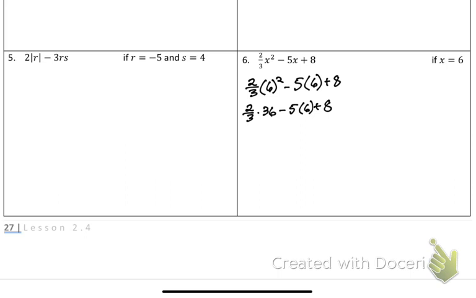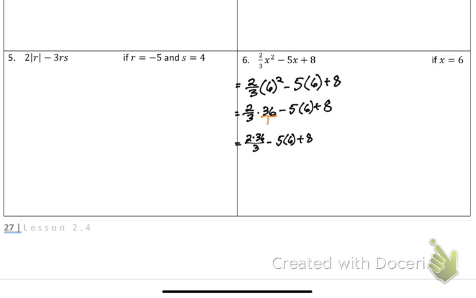I have 2/3 times 36. Does that 36 go to the top or to the bottom of my fraction? It actually goes to the top because 36 is really 36 over 1. So I'm going to rewrite this as 2 times 36 over 3 minus 5 times 6 plus 8.